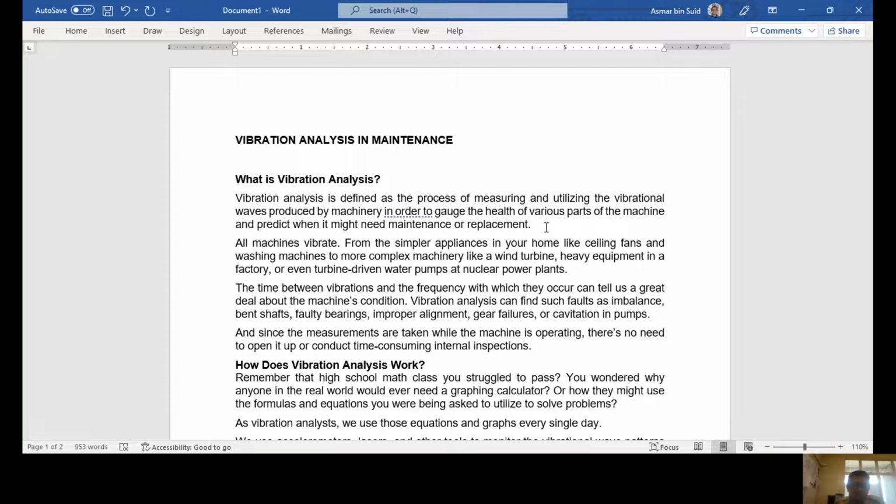Vibration analysis can find such faults as imbalanced bent shaft, faulty bearings, improper alignment, gear failures, or cavitation in pumps. Since the measurements are taken while the machine is operating, there's no need to open it up or conduct time-consuming internal inspection. What does that mean? We can do the analysis without stopping the operation.